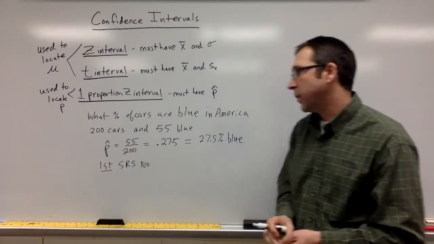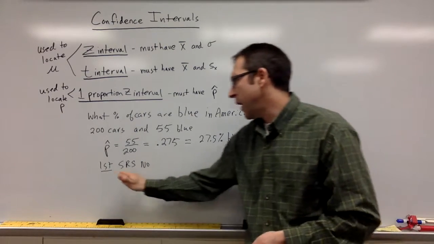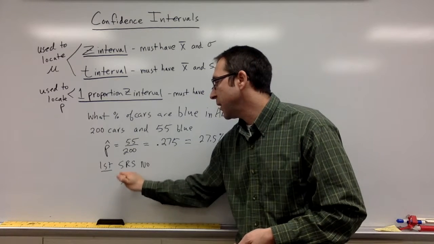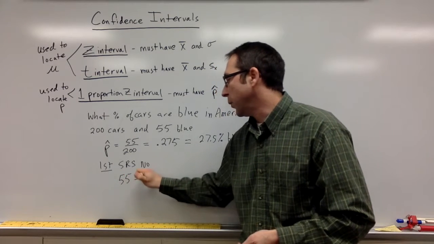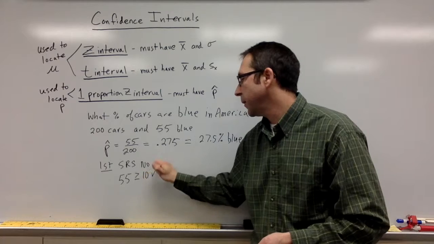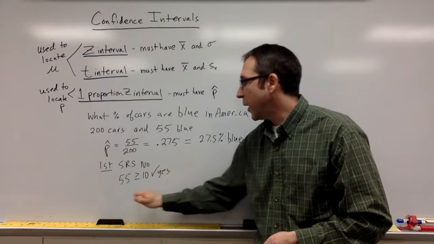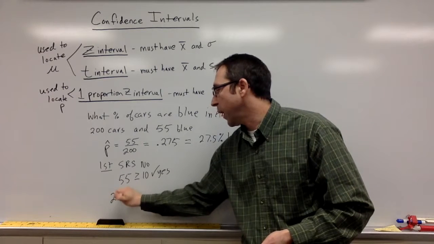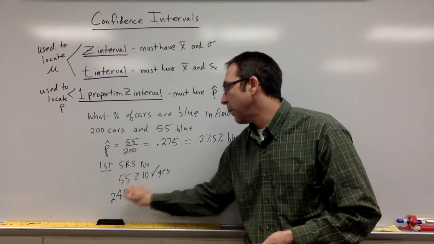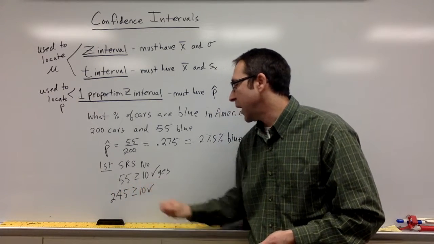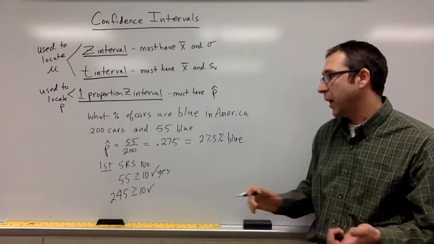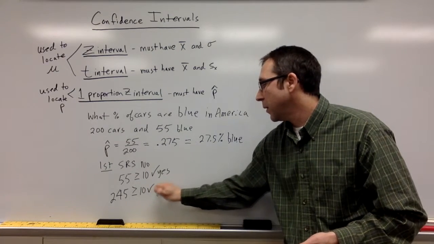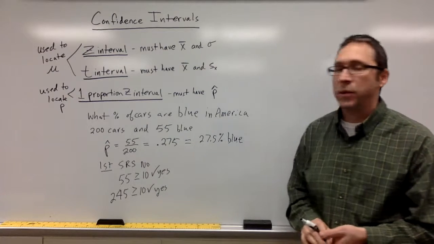Do I have enough cars in my sample? Okay. Do I have at least 10 that are blue? That's a yes. Do I have at least 10 that are not blue? Well, I've got 245 cars that are not blue, and that's more than or equal to 10. On the prior example, 30 was the number you needed there.